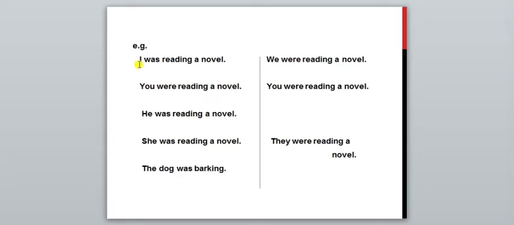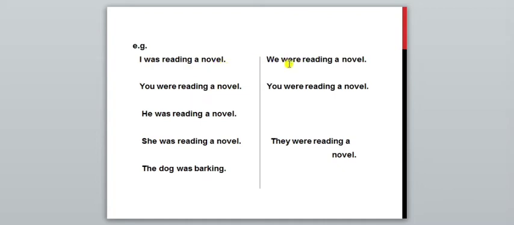See, in present continuous tense, what was the sentence? I am reading a novel. Right? To convert the same sentence into the past continuous tense is very easy. At the place of am, you have to use was. Means I was reading a novel.